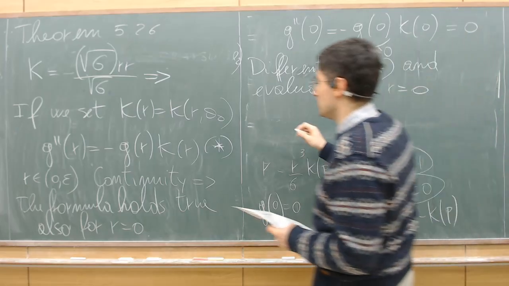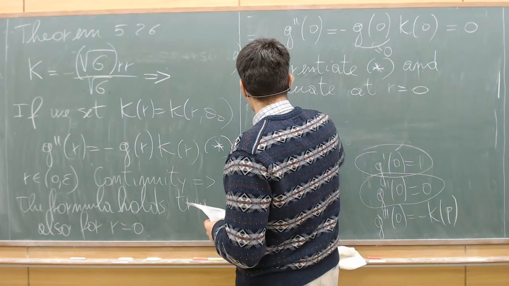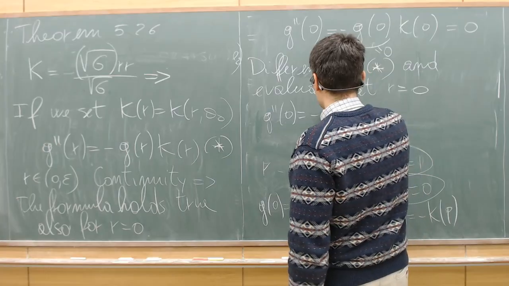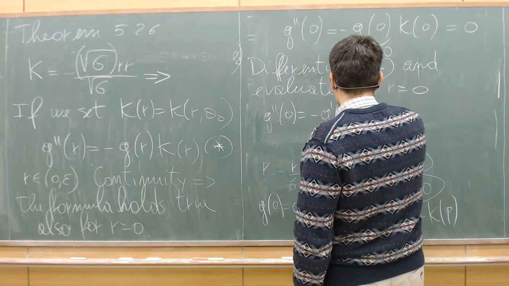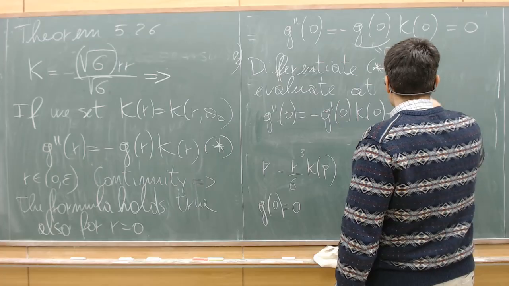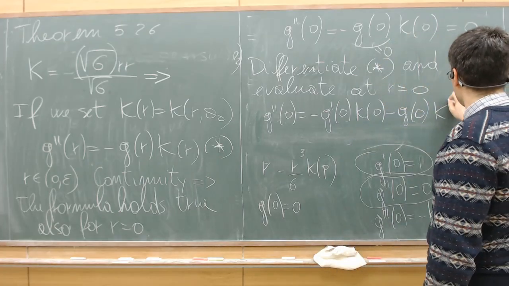We get g second at 0 is equal to minus g prime 0 k 0 minus g 0 k prime 0.